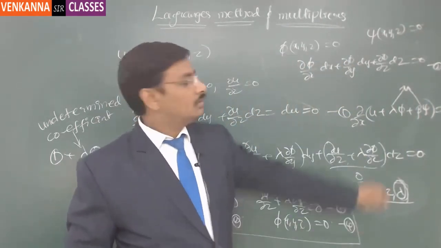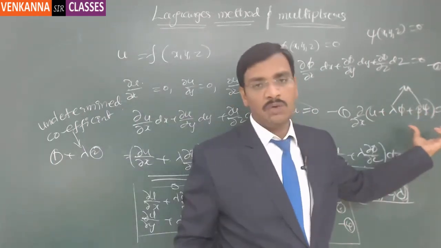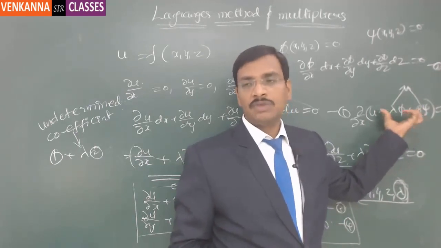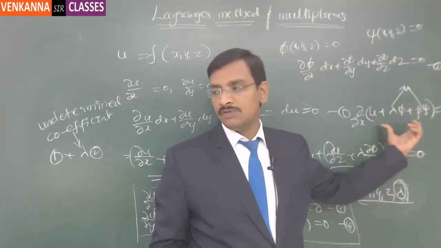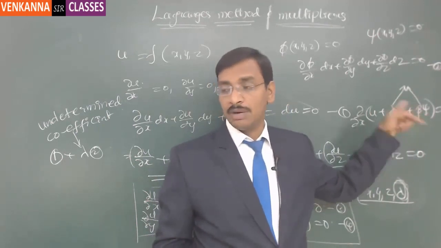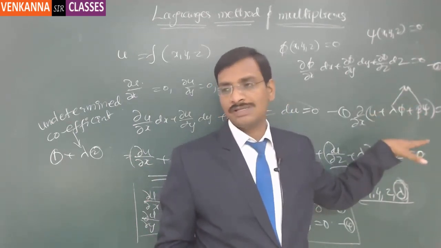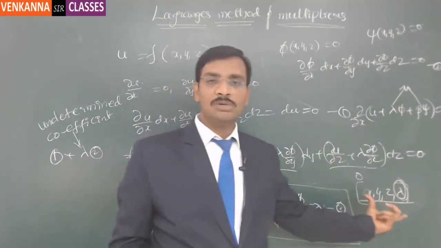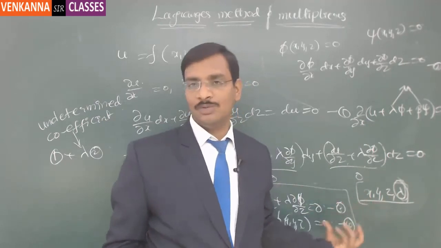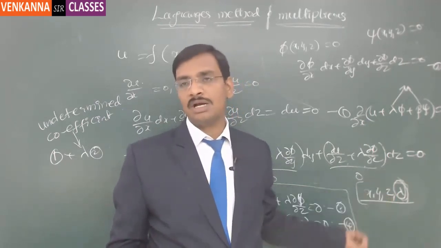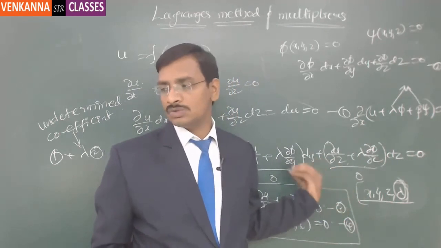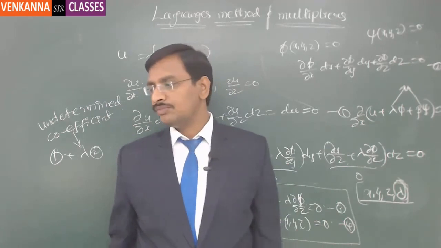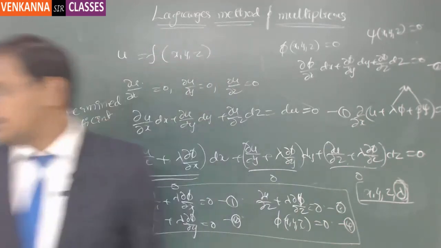Whatever the number of constraints we have, we multiply each with some constant and proceed further. Here 5 variables are there, and we have one more condition, so 5 variables and 5 equations. You will be able to solve all the 5. This lambda and beta you don't need to find out. You will use them to solve for x, y, z, but in between you can avoid those. Got it? Understood?